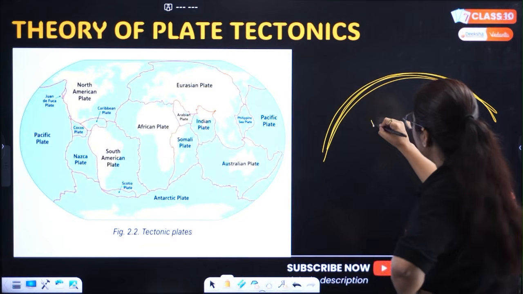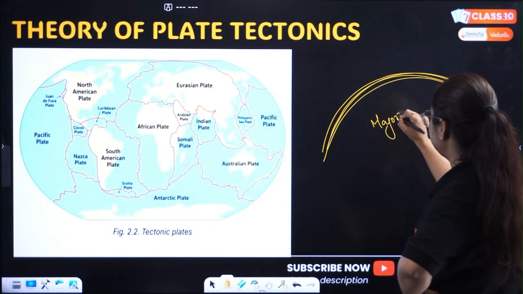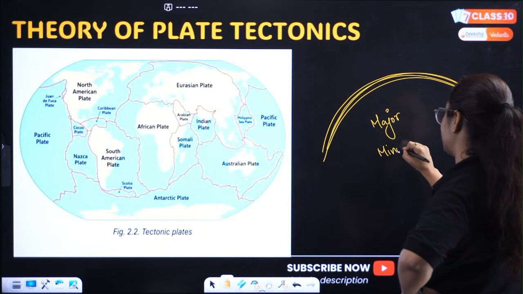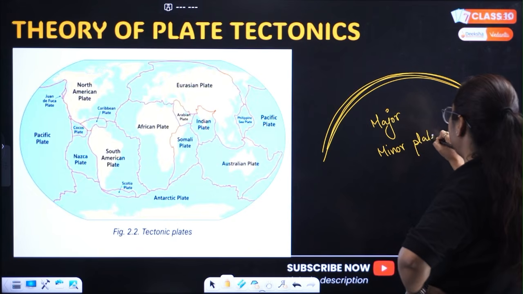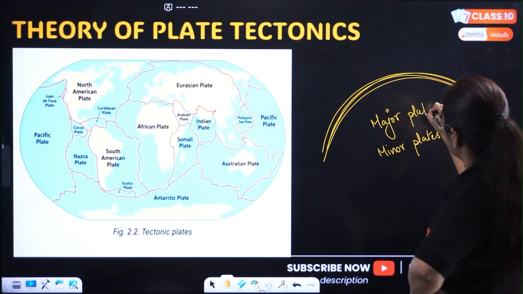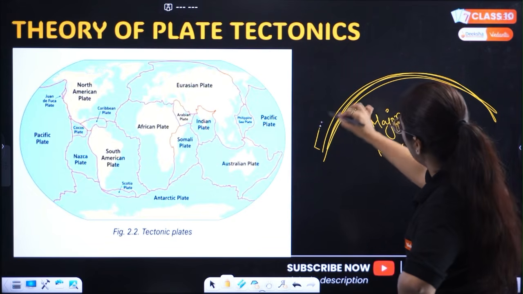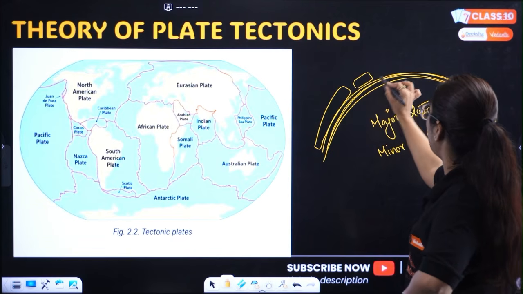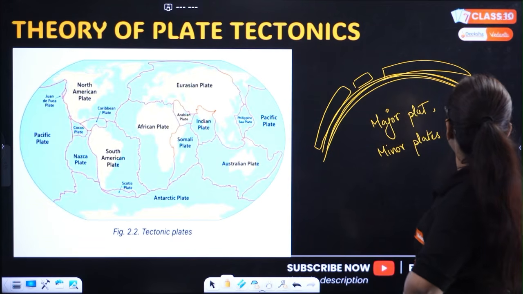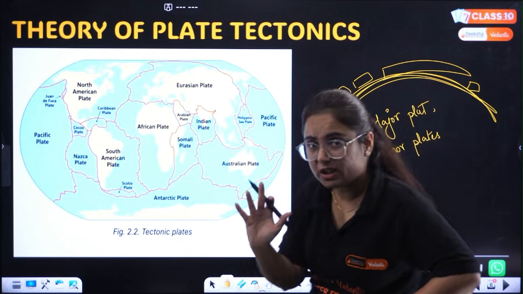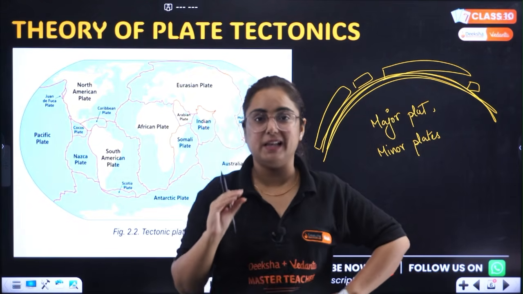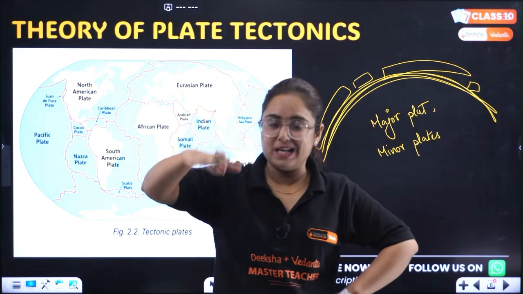Rather, it is divided into certain major and minor plates. Like this is one block, this is a small block, then another small one. So there are a lot of major as well as minor plates on which we are living.